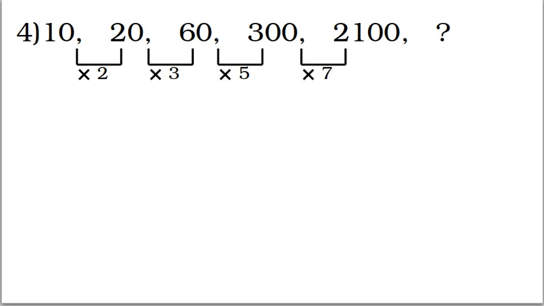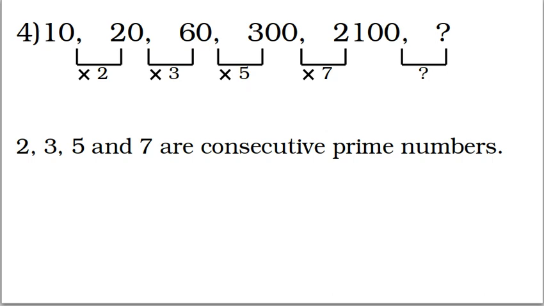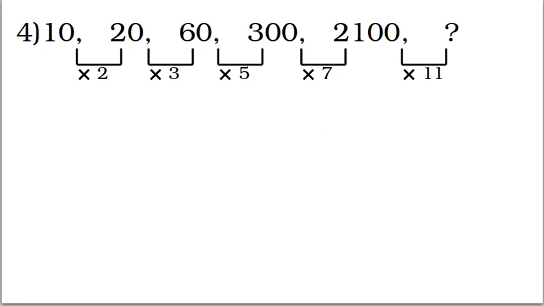If you look at these numbers 2, 3, 5 and 7, these numbers are consecutive prime numbers. So 2100 should be multiplied by 7's next prime number. 7's next prime number is 11. So 2100 into 11 gives your answer, and it's 23100.